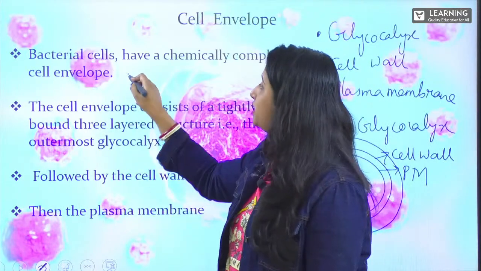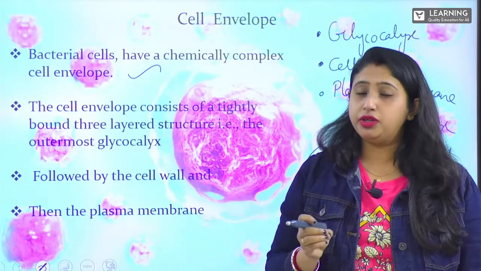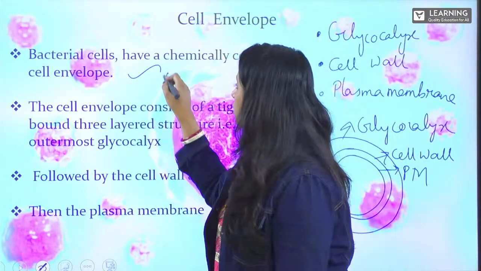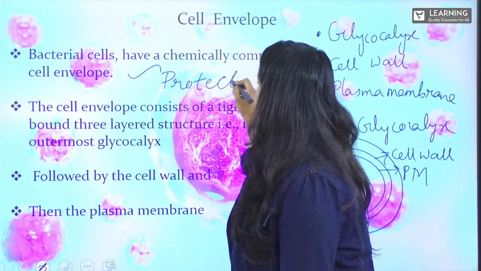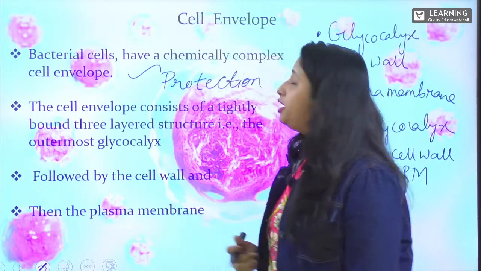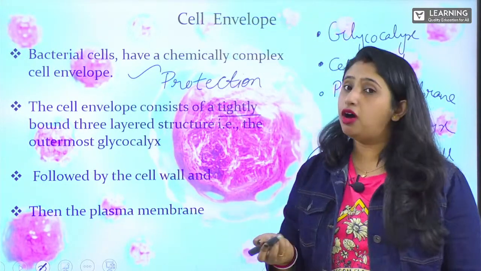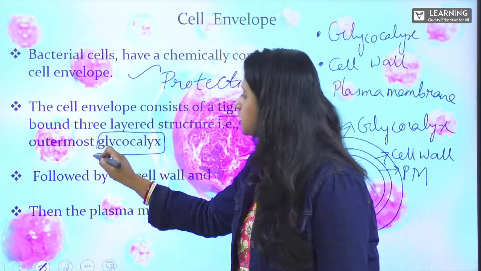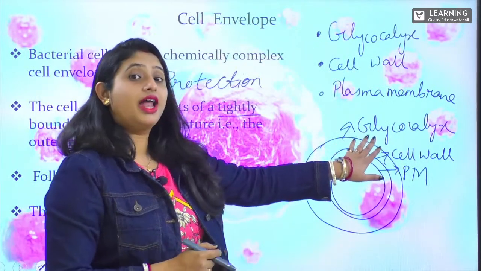Bacterial cells have a chemically complex cell envelope, which provides them protection from damage. The cell envelope consists of a tightly bound layered structure. The outermost layer is the glycocalyx.